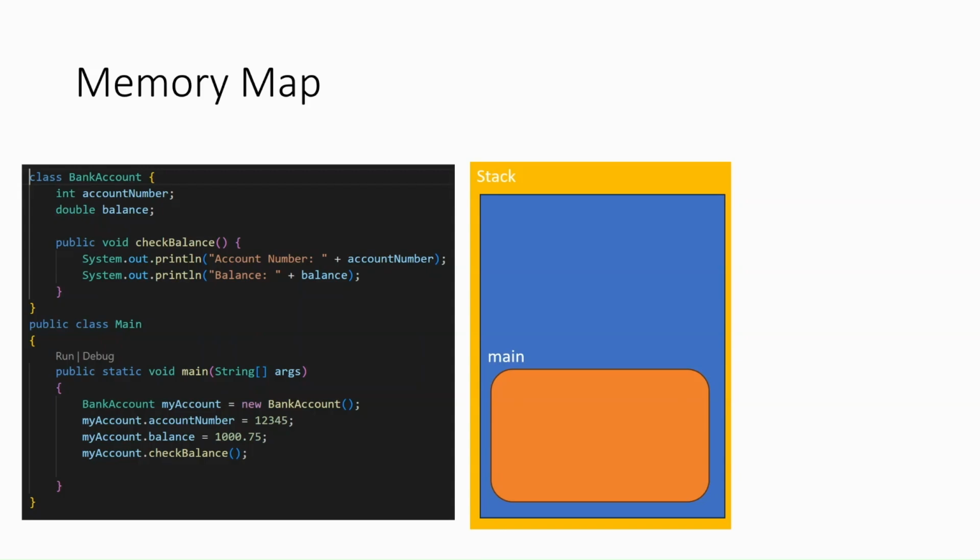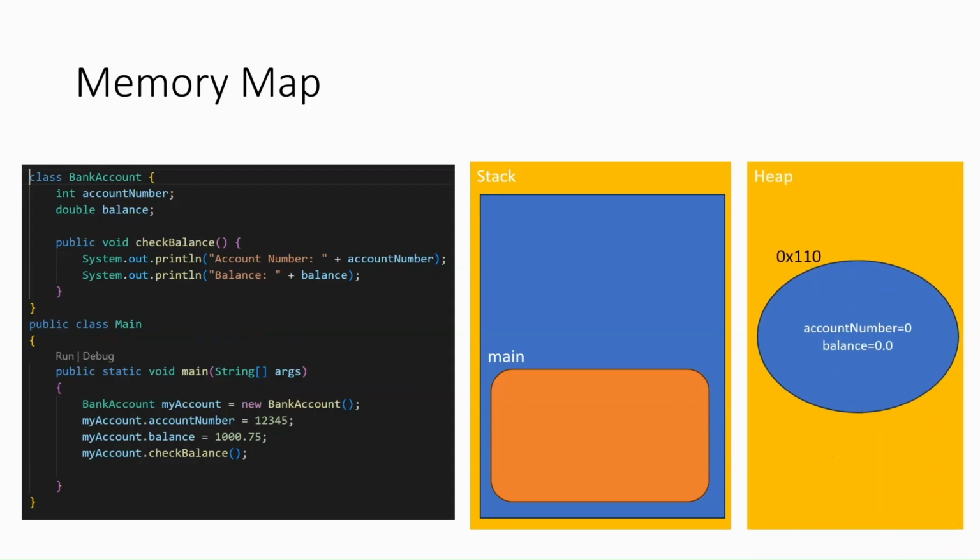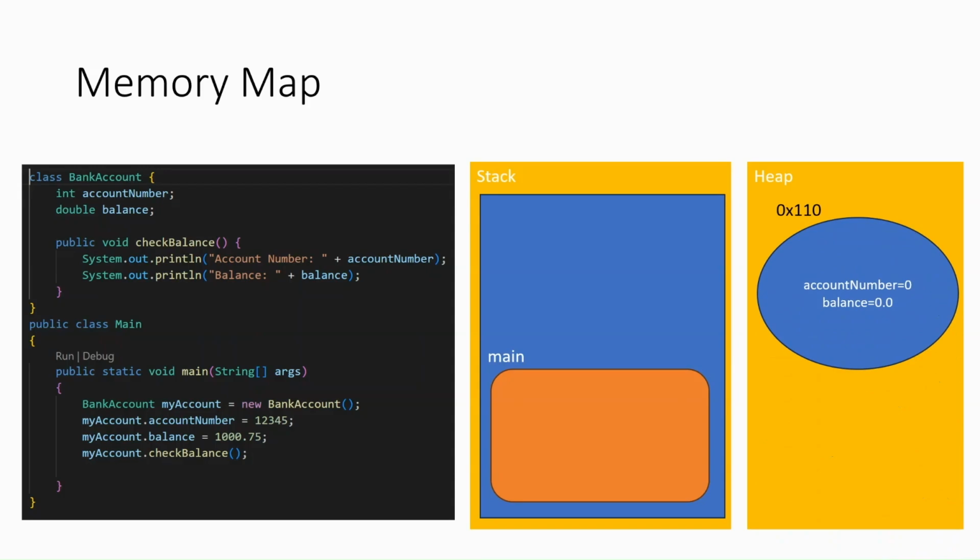Now, when the control comes to bank account my account is equal to new bank account, first it will allocate memory in the heap. Here I have given a random memory address as 0x110. The memory for the account number and the balance is allocated. If no values are present, then default values are assigned.